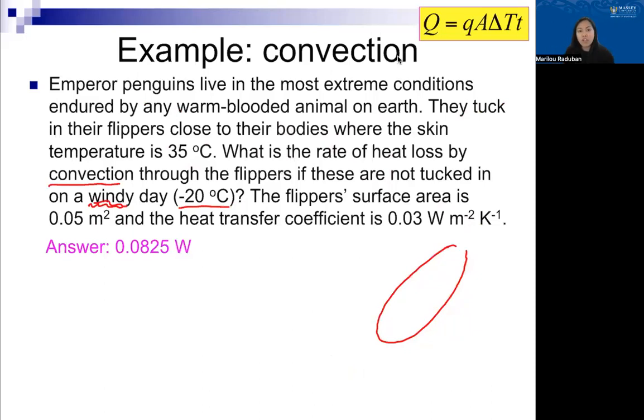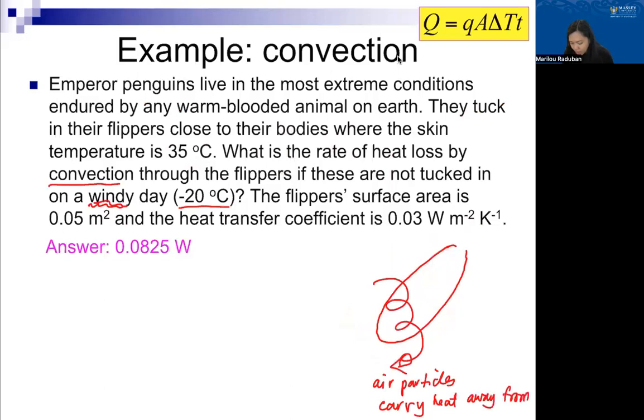But in this particular example, we are more concerned about the amount of heat transferred by convection as the air particles brush against the flipper, and as that happens, the heat is transferred. So say you have wind. I don't know how to draw the wind, the air particles carrying heat away from the flippers.